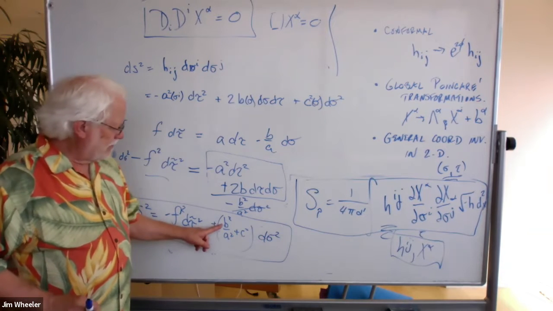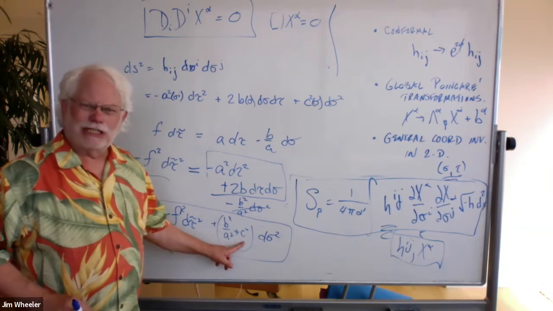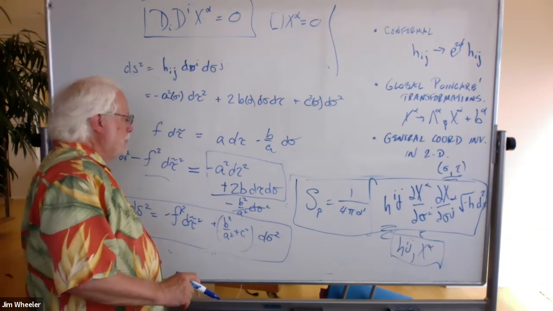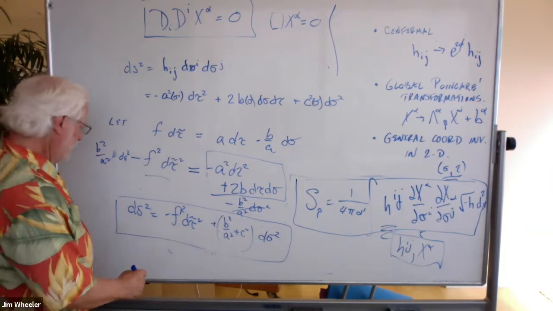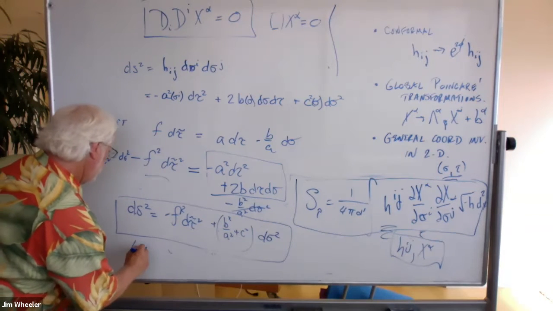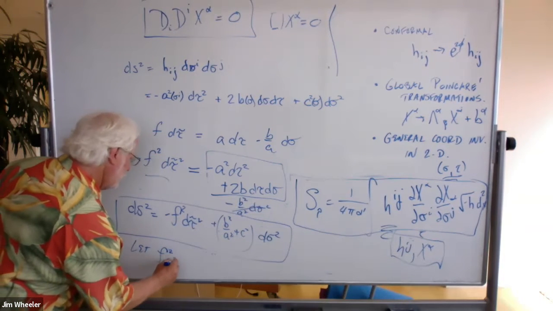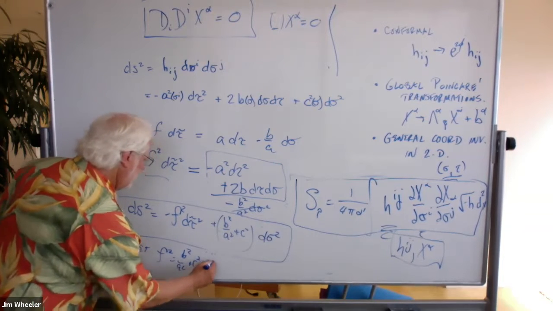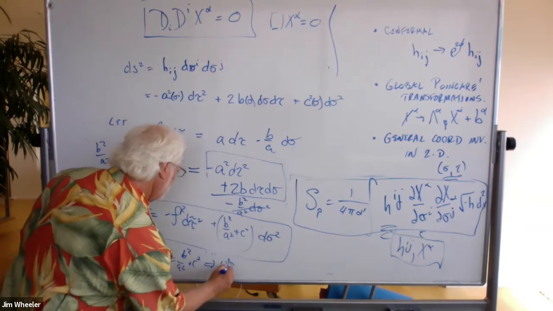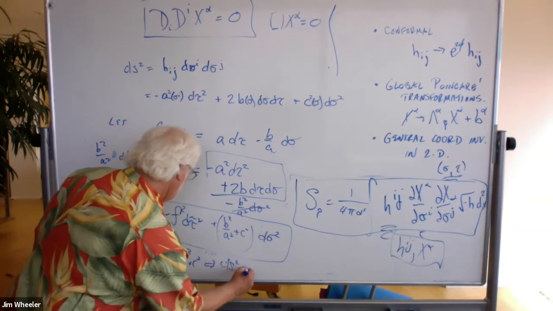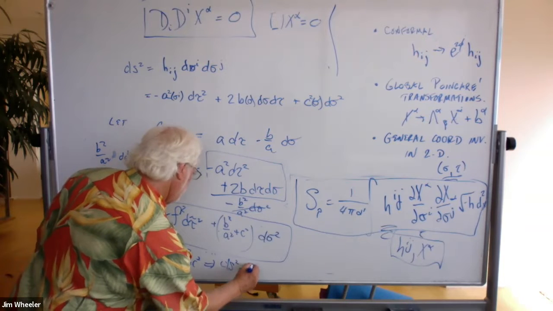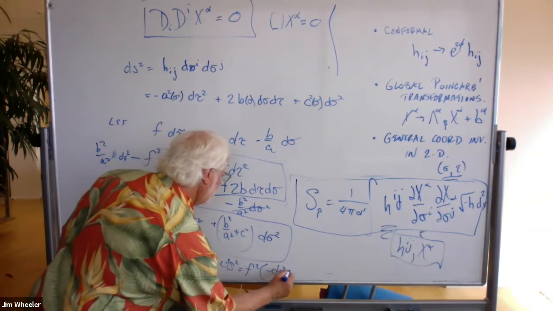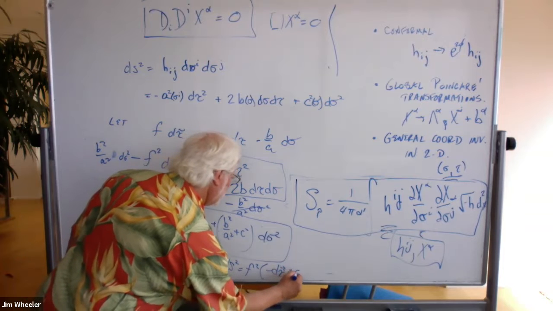Well, I'm going to choose f to be b squared over a squared plus c squared, which means that f squared equals b squared over a squared plus c squared, and that tells me that the s squared is just f squared times minus d tau tilde squared plus d sigma squared.